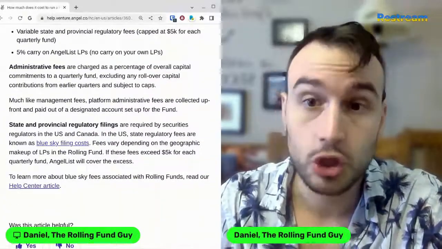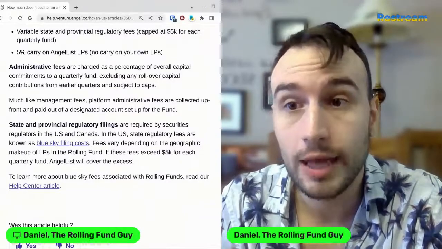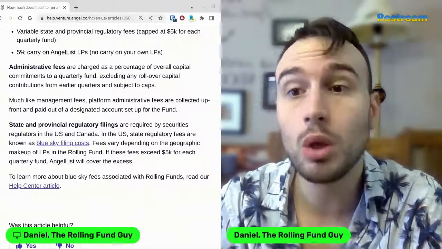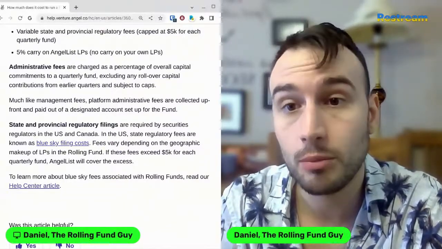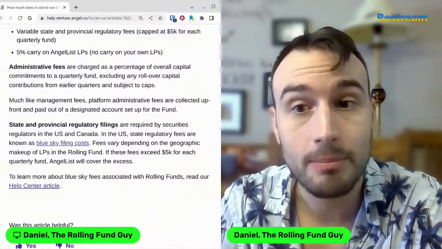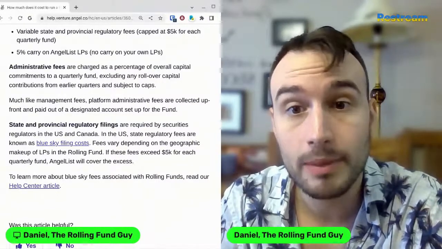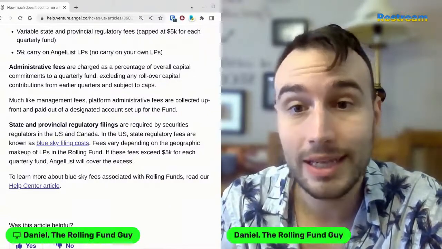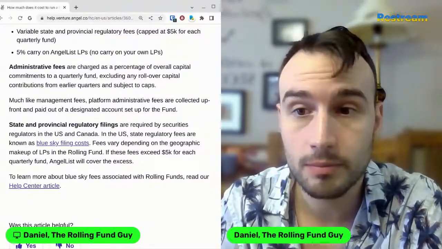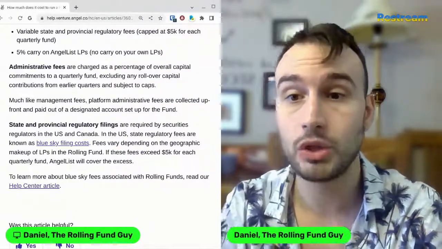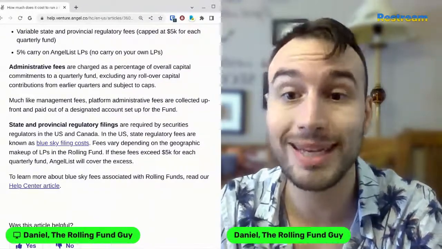Administrative fees are charged as a percentage of overall capital commitments to a quarterly fund, excluding any rollover capital contributions from earlier quarters and subject to caps. Much like management fees, platform administrative fees are collected upfront and paid out of a designated account set up for the fund. State and provincial regulatory filings are required by securities regulators in the US and Canada.